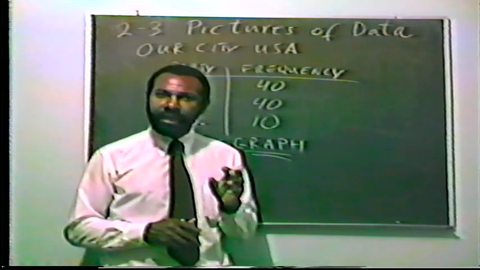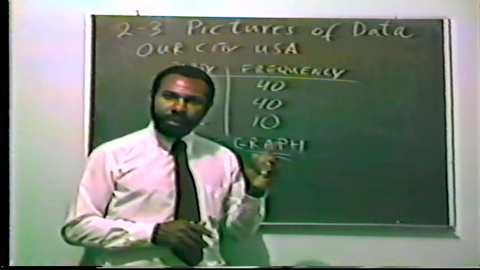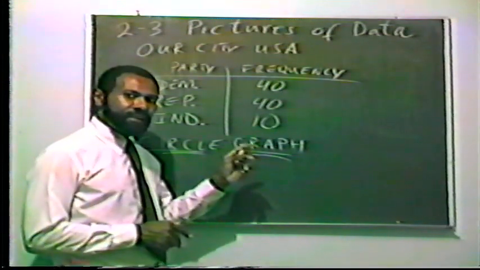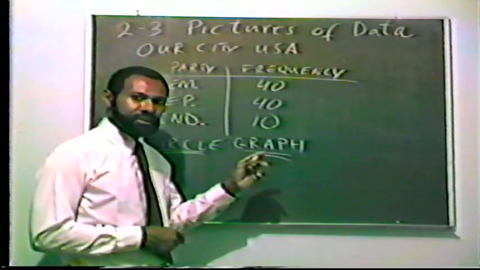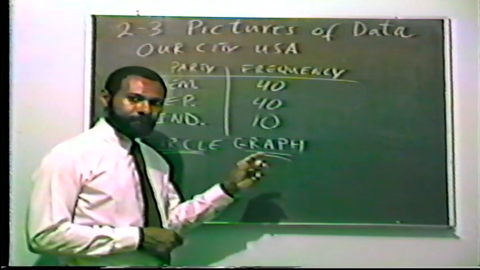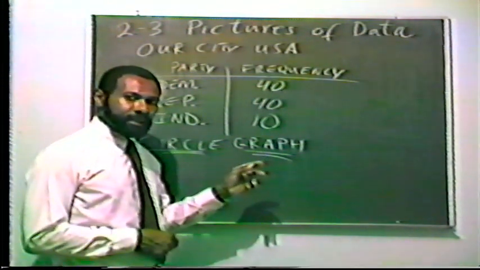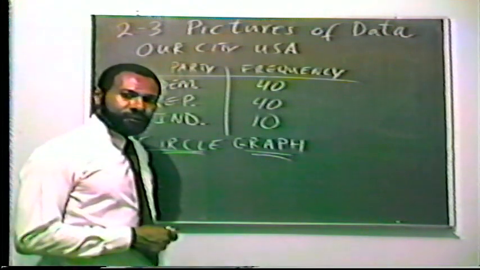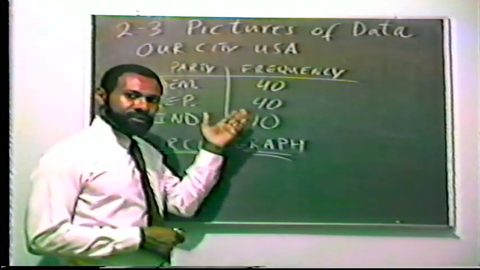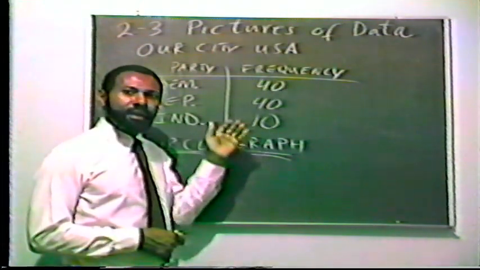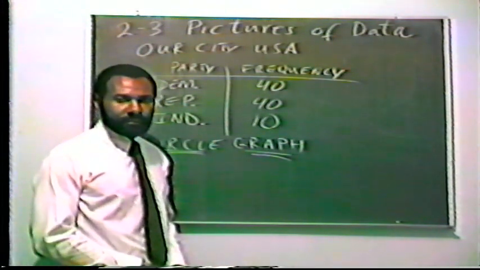Now, by relative frequency, we mean the frequency of that score or that category compared with the frequency of all the scores or all the categories. In other words, you would have the frequency for that class divided by the total frequency, or what we call the cumulative frequency. This means that in order to make a circle graph using this frequency table, we have to add another column to the frequency table.